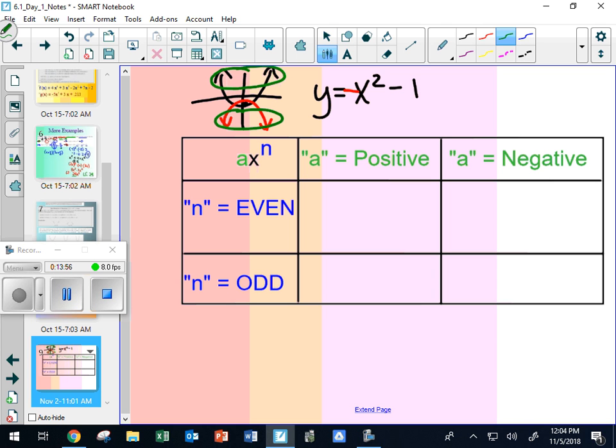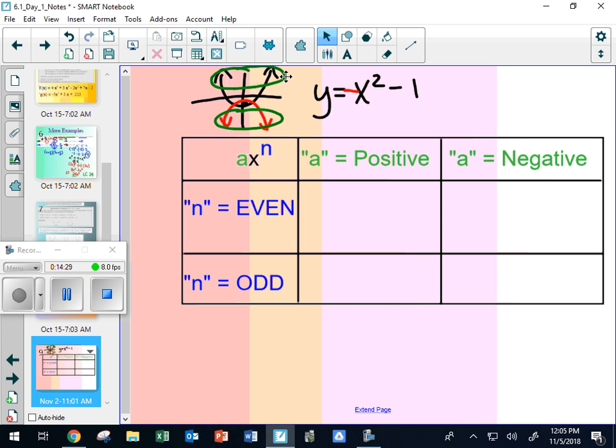Okay? So if you see this green A, what is that called in terms of the vocab we just learned? It is our leading coefficient. What is the n called? The degree. Yep. So our leading coefficient is positive. So if this was just x squared, our leading coefficient would just be 1, basically, right? So 1 is positive.